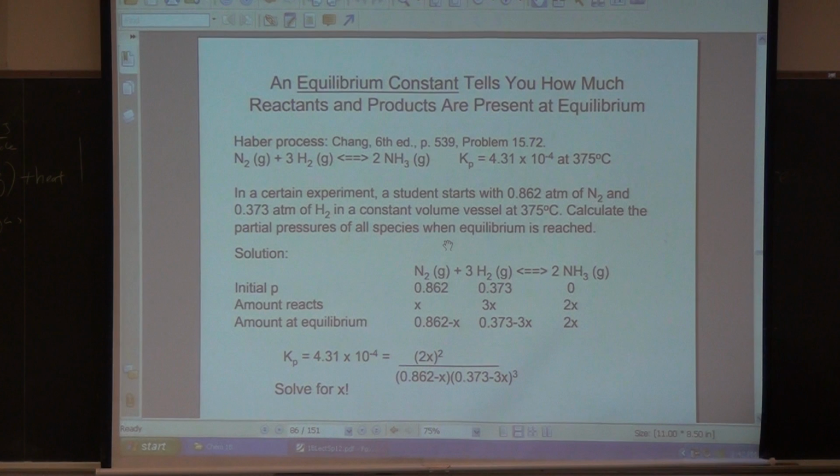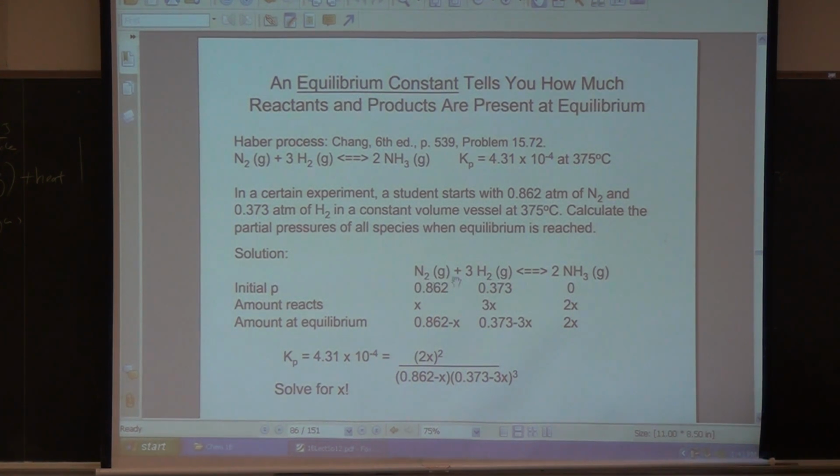So this is how you would set it up. It's like doing a stoichiometry problem. So here's our balanced chemical equation. This is the initial amount of each reactant we have present: 0.862 of N2, 0.373 atmospheres of H2, 0 amount of NH3. Now, since this is an equilibrium reaction, we do not know how much of the reactants react. So we're going to say that X amount of N2 reacts. If X amount of N2 reacts, 3X amount of H2 reacts. Now, why is it 3X?